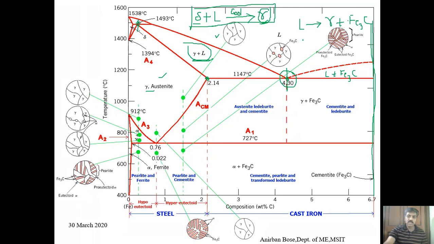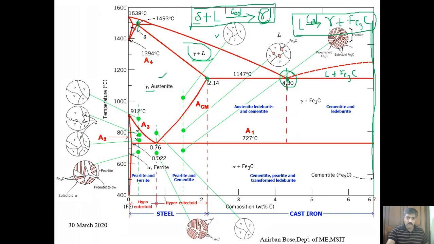This is nothing but the eutectic reaction, when liquid is converted into two solids upon cooling. This eutectic reaction happens at 4.3% carbon, at a temperature of 1147 degrees. When the eutectic reaction takes place, a laminar structure forms of alternate layers of austenite and cementite.